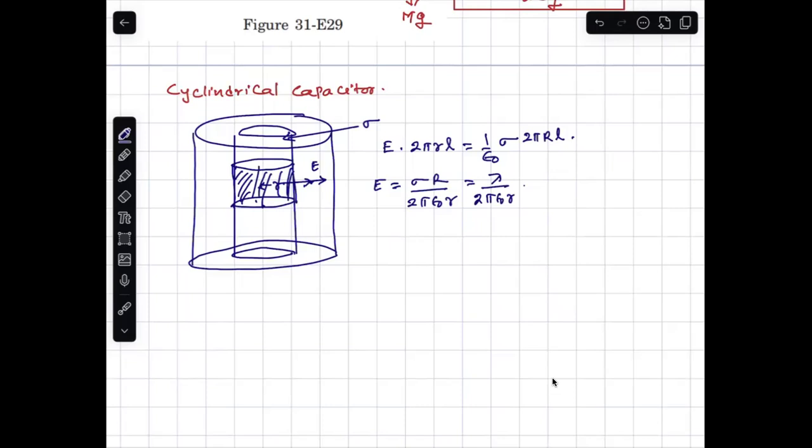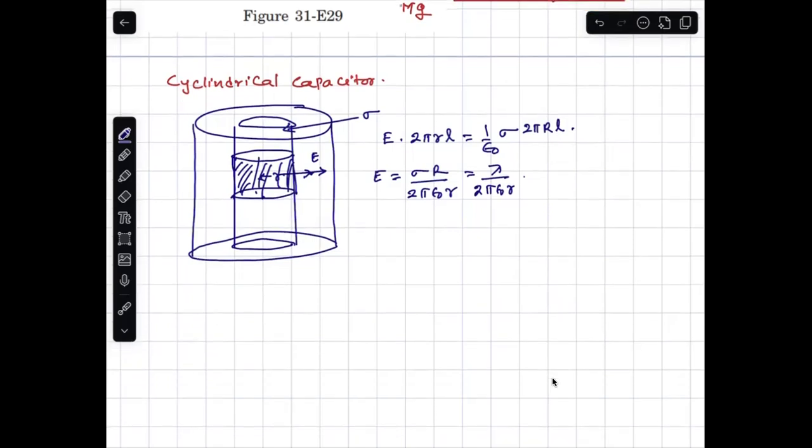From this, you will get capacitance also. For a cylindrical capacitor, you can obtain capacitance also in the same way. Right. How? You know already, you will find potential difference and thereby you will get capacitance. Right. This is about a cylindrical capacitor E formula.